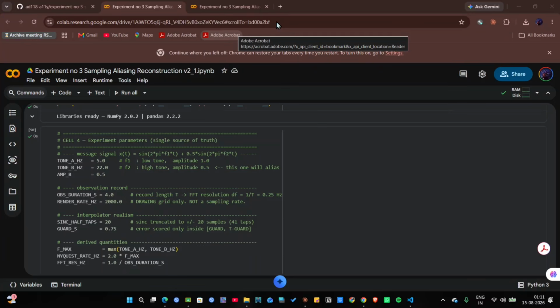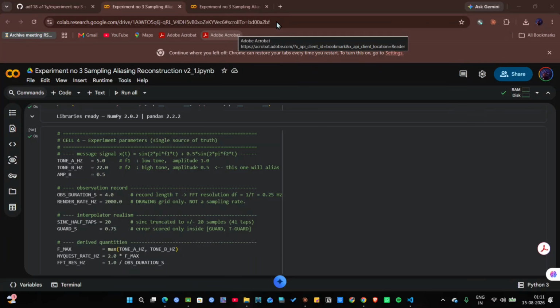Now case C, below the Nyquist rate analysis, at fs equal to 30 Hz.